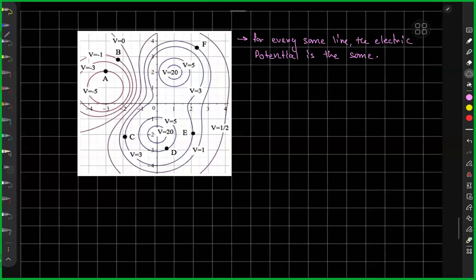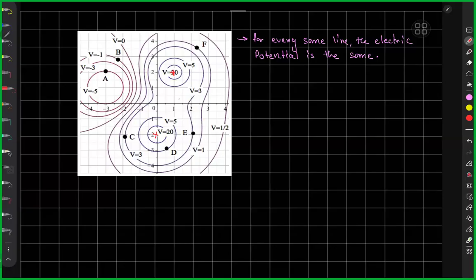I have two charges over here, one positive and another positive source charge, and this line represents 20 volt, this line represents 5 volt, this line represents 3 volt. This circle that was initially somewhat like this, and this, have combined together. This is a phenomenon that we see in real life.